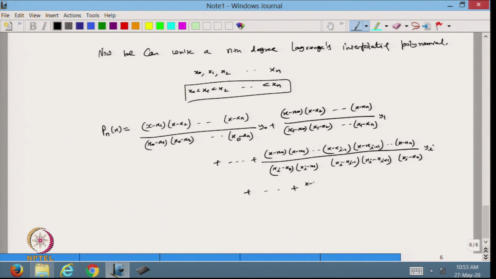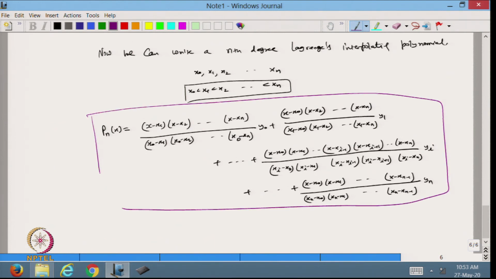So in the end I will get (x − x0)(x − x1) up to (x − x_{n−1}) divided by (xn − x0)(xn − x1)...(xn − x_{n−1}), that is equal to y. So based on this, I am able to write the nth degree Lagrange interpolating polynomial, where I can define my expression L_n for any kth coefficient.